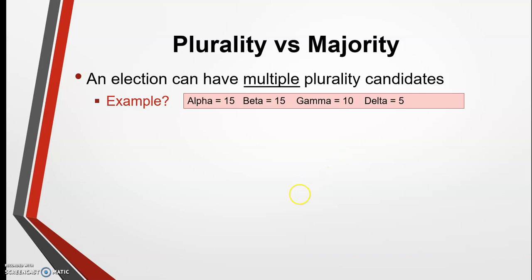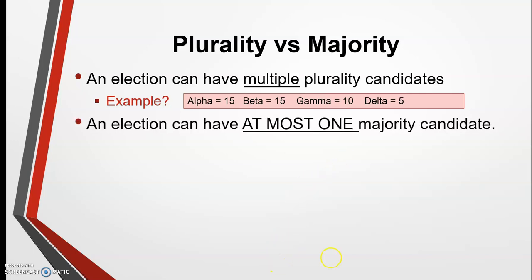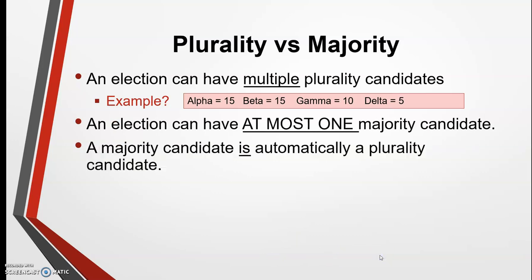An election can have at most one majority candidate. And a majority candidate is automatically a plurality candidate, because remember, a majority candidate must have more than 50% of the first place votes. So if that majority candidate has more than 50% of the first place votes, then they're automatically going to have more than anybody else.